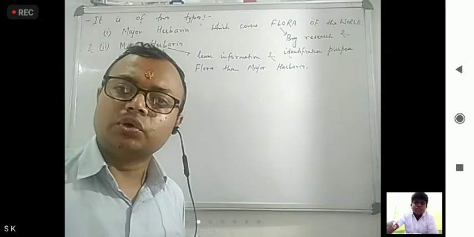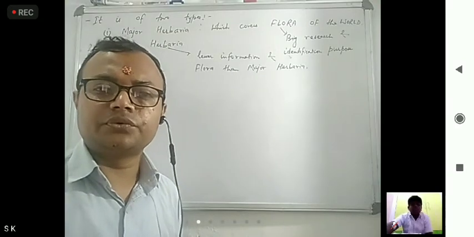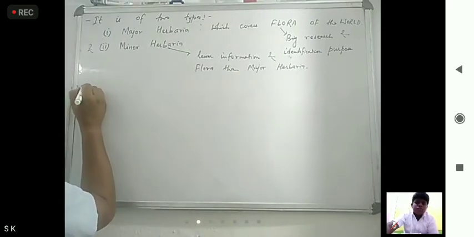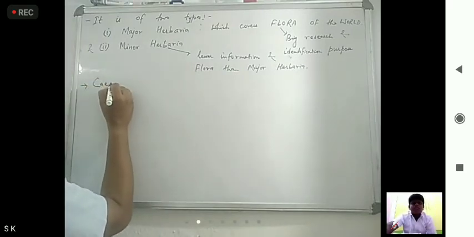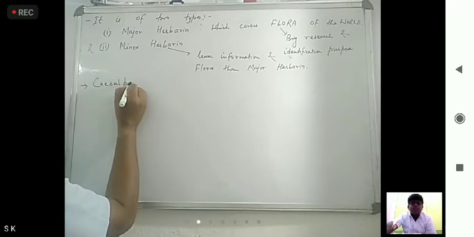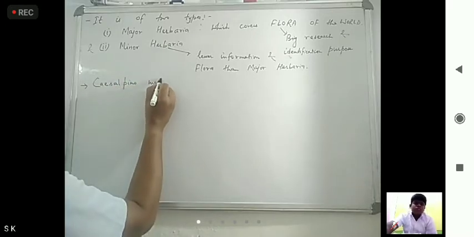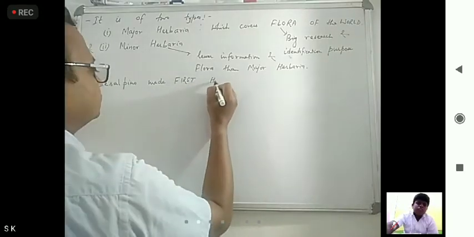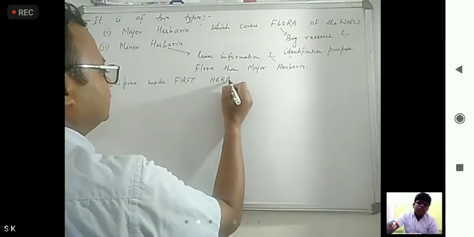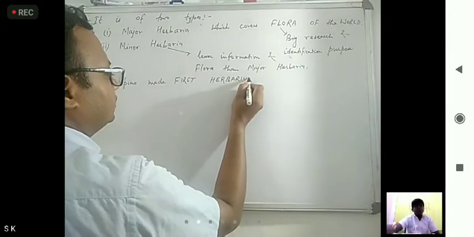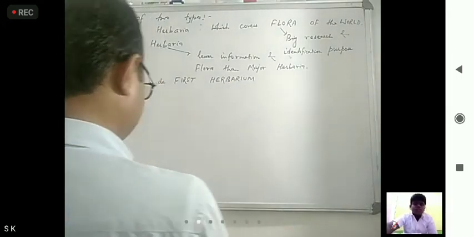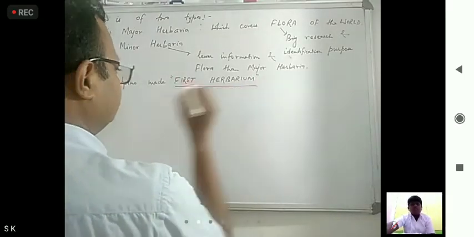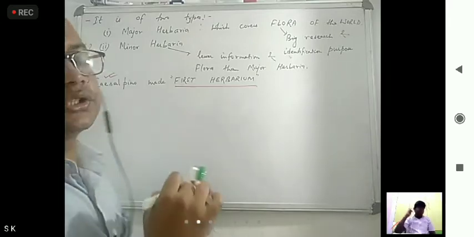Now, as we already said, the scientist who first made a herbarium is Cecil Pinot. Cecil Pinot made the first herbarium. This you have to remember: who made the first herbarium.